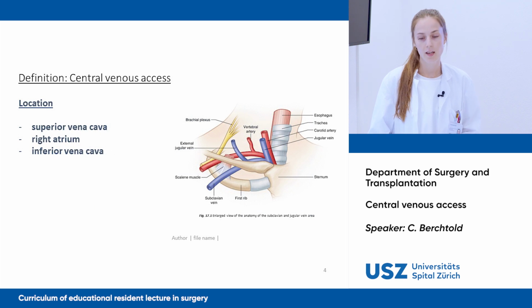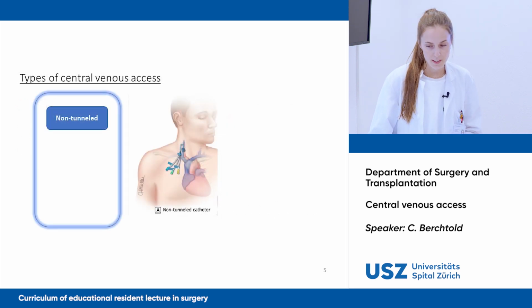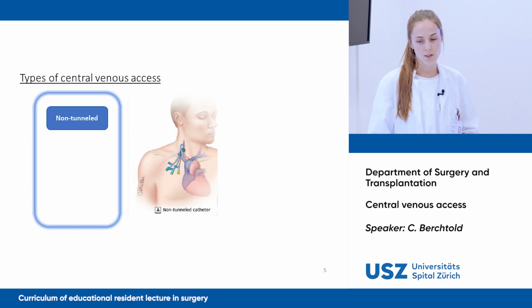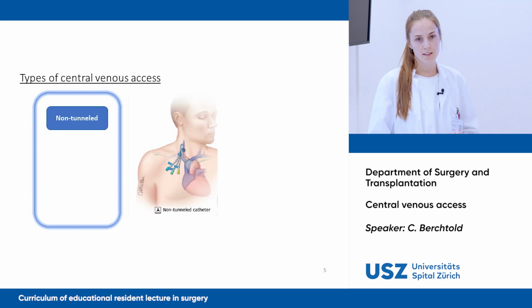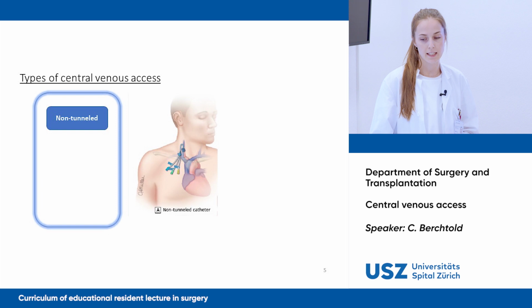First, let's remember the definition of central access. Central means that the tip of the device is located in the superior vena cava, the right atrium, or the inferior vena cava. Now, the types of central venous access. Non-tunneled catheters are placed subcutaneously, and the catheter links the venous cannulation site closely to the skin exit site.